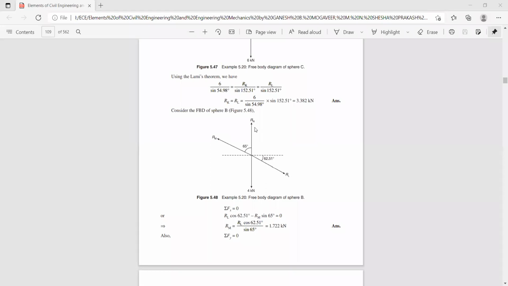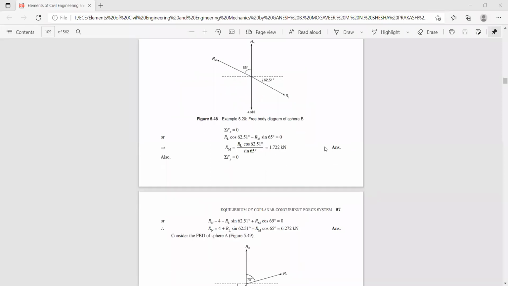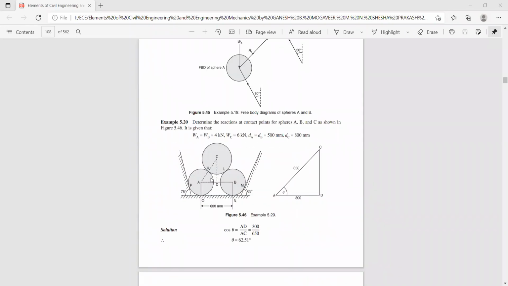So thereby you get the value of Rn. So now let us check. Rn minus 4 minus RL sin 62.5 plus Rm cos 65 or Rm sin 25. So thereby you get the value of Rn. So these are the contact reactions with respect to the three spheres, that is Rp, Ro, Rk, RL, Rm and Rn.